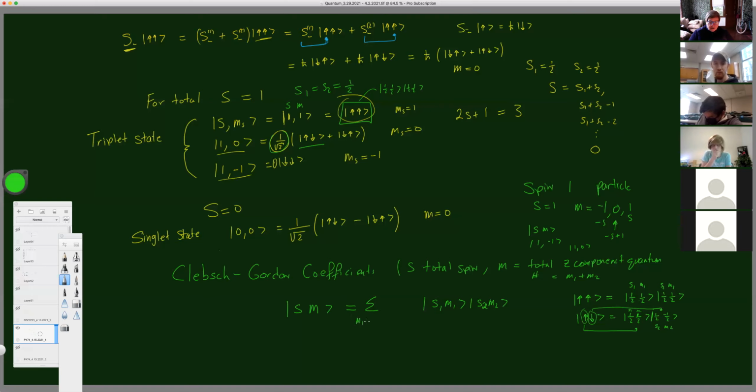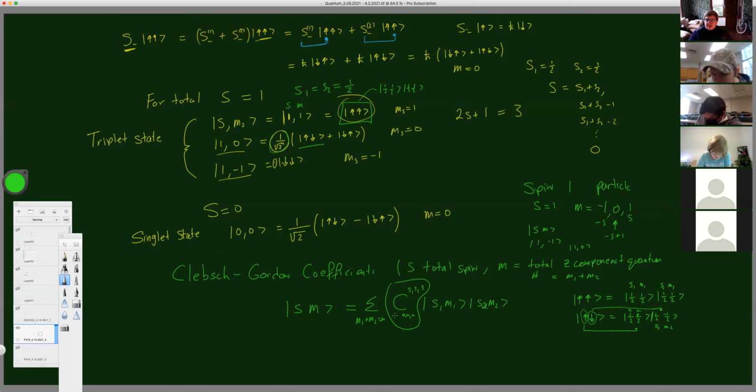With M1 plus M2 equal M, of Clebsch-Gordon coefficients, which have these indices M1, M2, M, S1, S2, S. This is a very fancy and kind of stupid way of writing these Clebsch-Gordon coefficients that are in that big ugly table that you saw in the video.